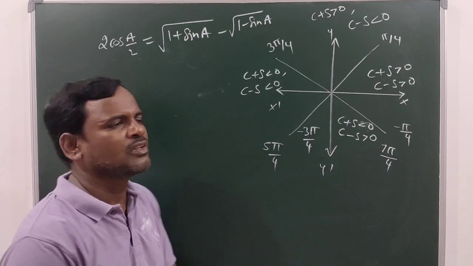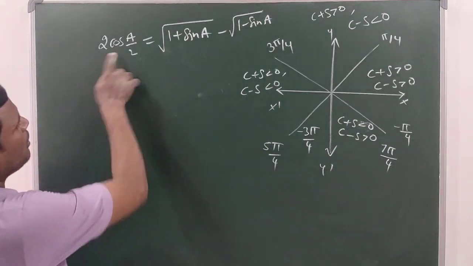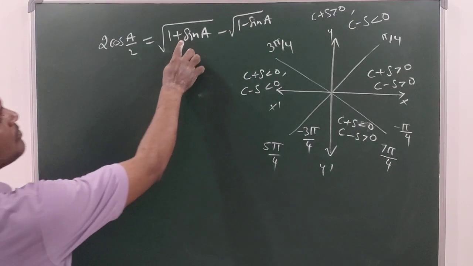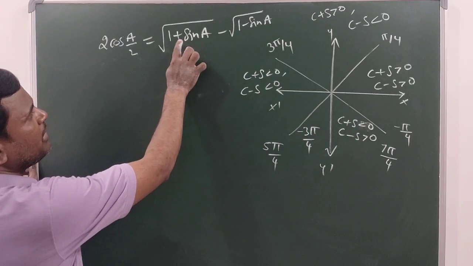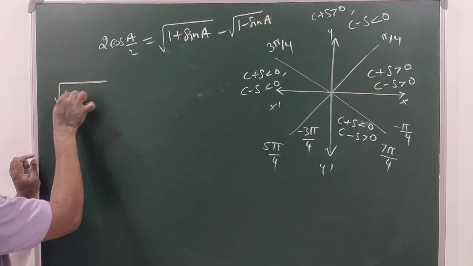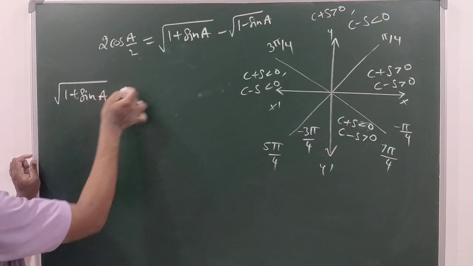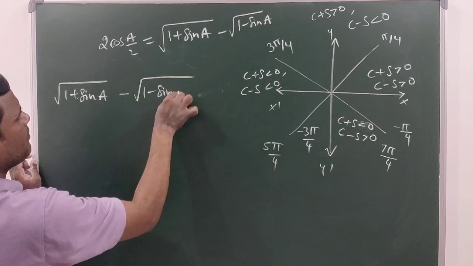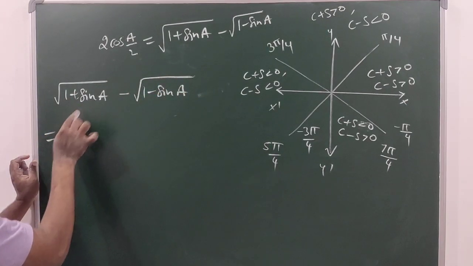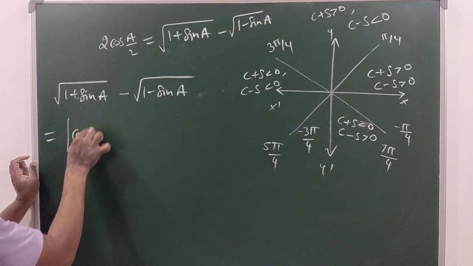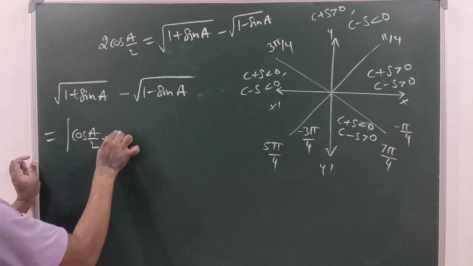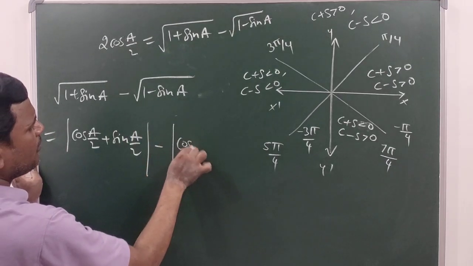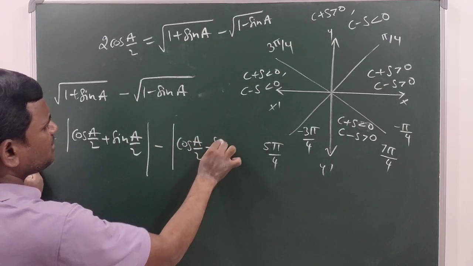Tell me. To get 2 cos a by 2, what do you have to do here? Take this 1 plus sin a, and here the middle minus is given, square root of 1 minus sin a. So here it can be written as mod of cos a by 2 plus sin a by 2, and this is mod of cos a by 2 minus sin a by 2.